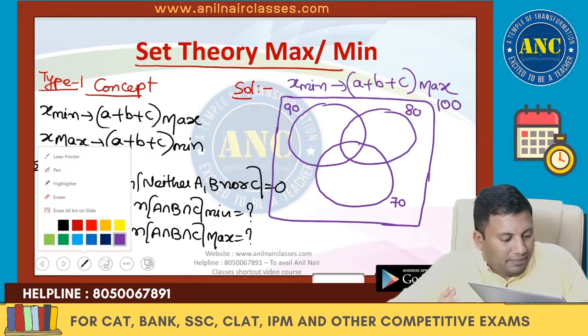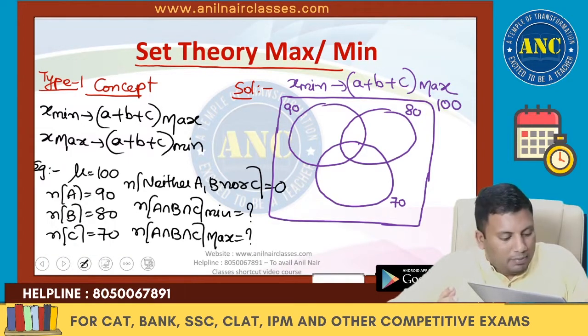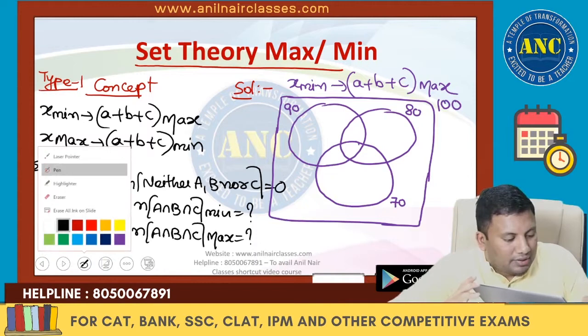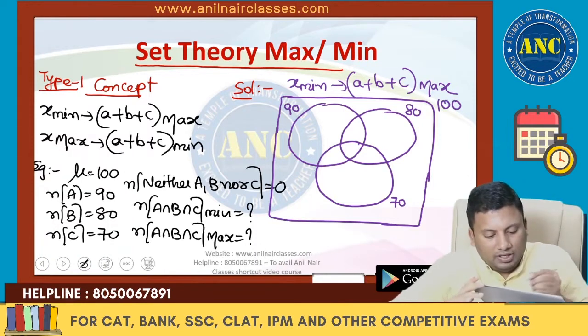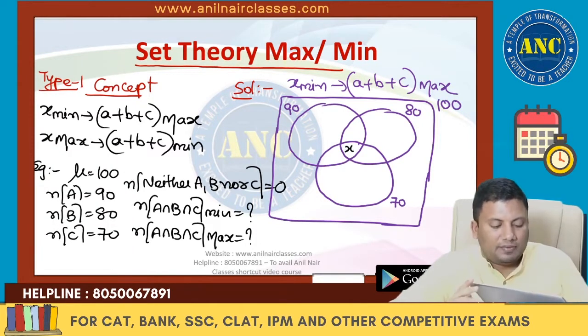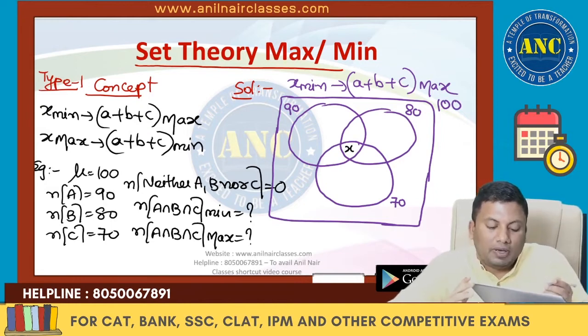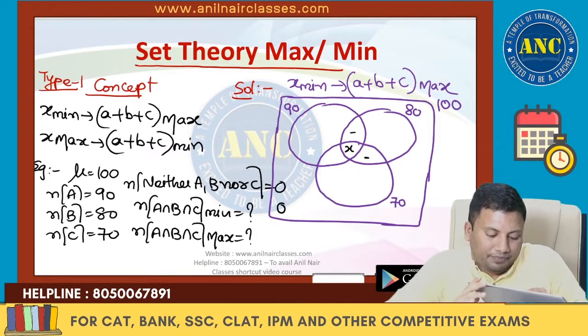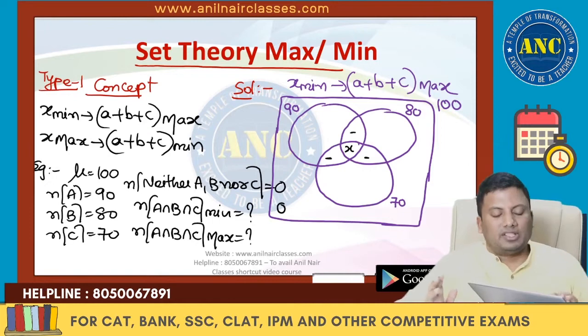I am doing a minimum. Minimum means if this is x, which all regions should be maximum? Anyway, it is given as 0. This should be maximum. This should be maximum. This should be maximum. Am I right?